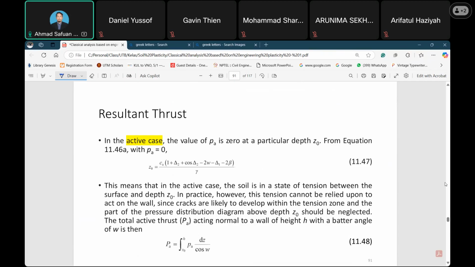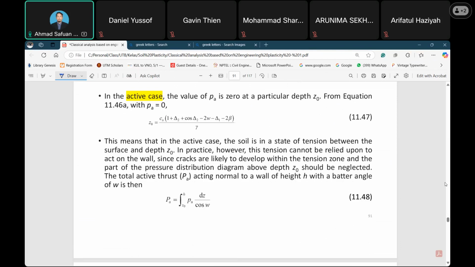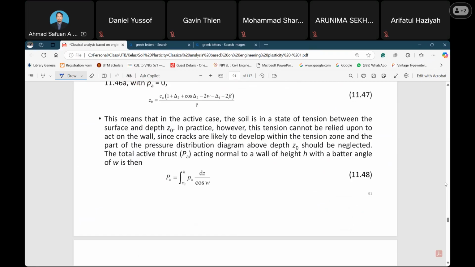The total active thrust PA acts normal to the wall of height H with a batter angle of W. As we have discussed before, we consider one third if the diagram is a triangle.